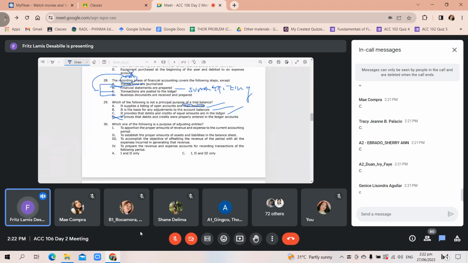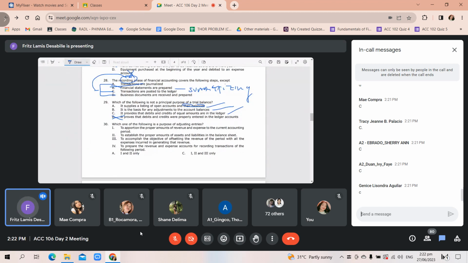So number one is a purpose of adjusting entries. Number two is to establish the proper amounts of assets and liabilities in the balance sheet, correct? Number three, to accomplish the objective of offsetting the revenue of the period with all the expenses incurred in generating that revenue. Correct.